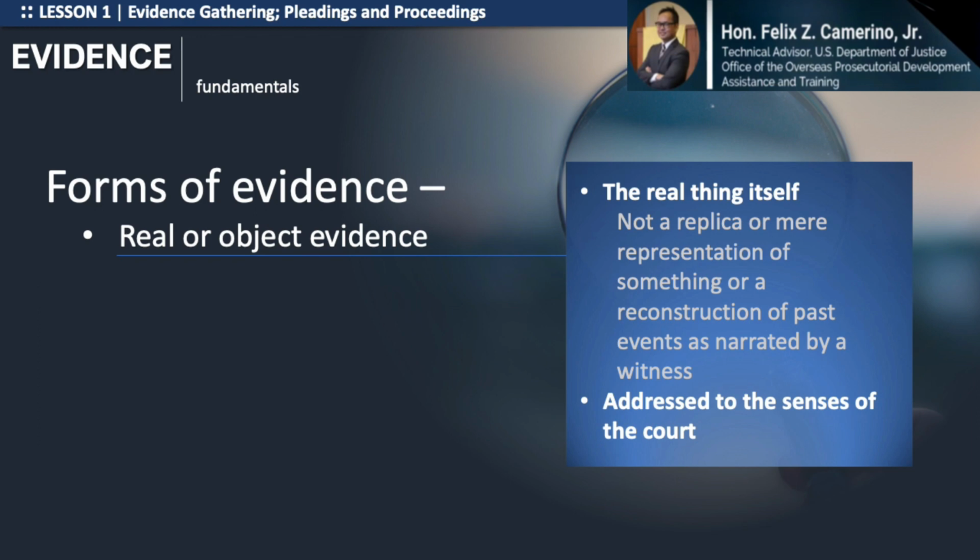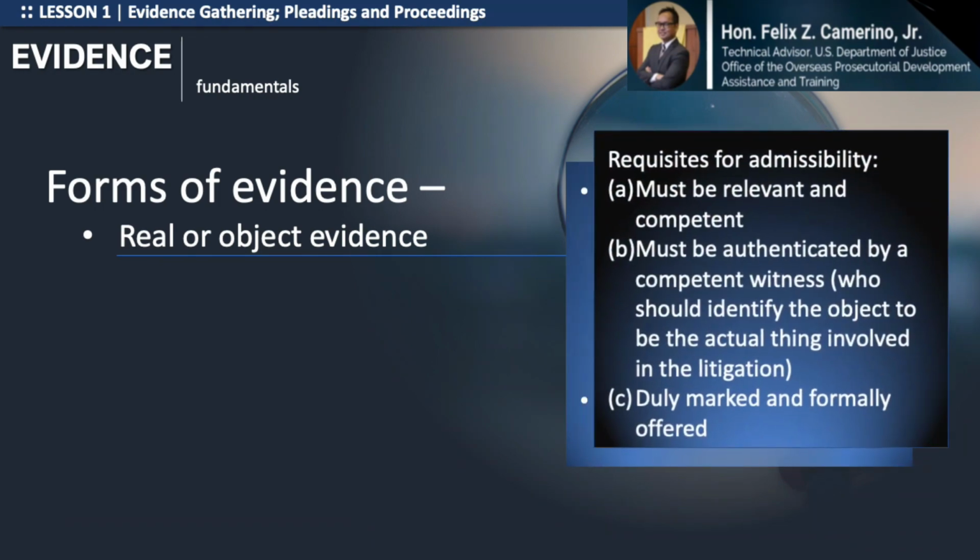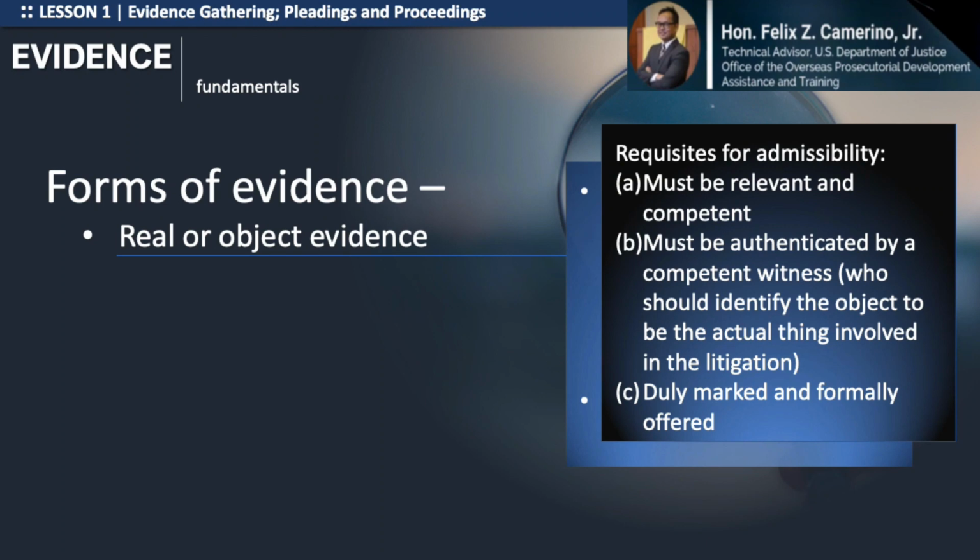And insofar as their requisites for admissibility, we did say earlier that evidence needs to be relevant and competent, and that is precisely the case here. But there are additional requirements. The first, in addition to relevance and competence, is that the object itself needs to be authenticated by a competent witness.